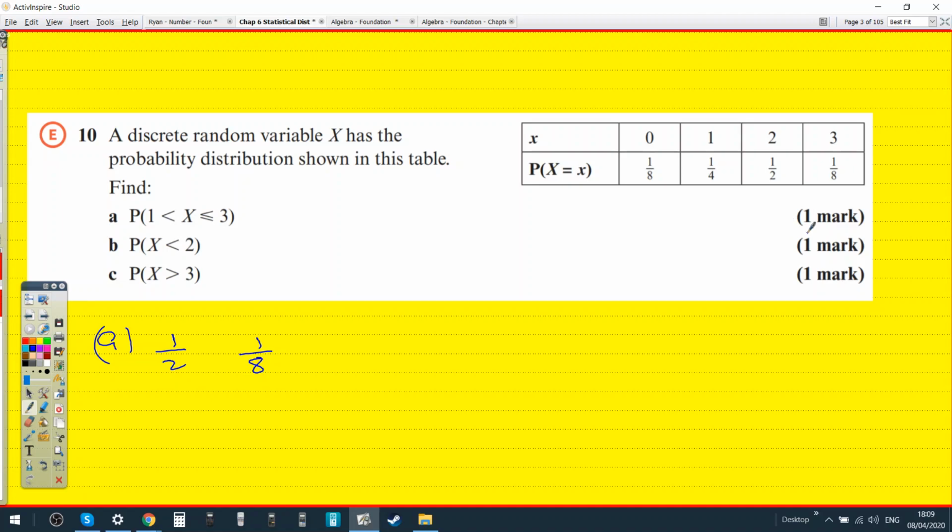One mark question. When a half and 1/8, do we add them? We sure do. So 5/8. Yes.